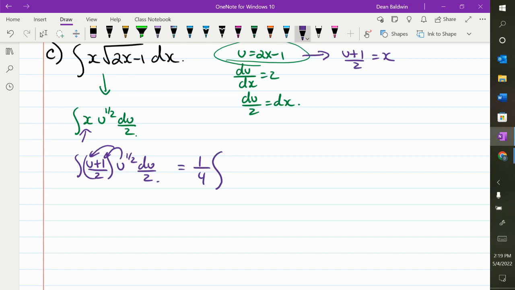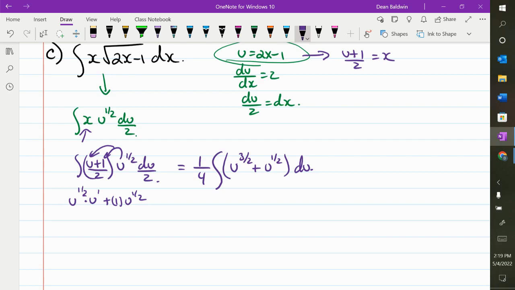U to the 3 halves, because you add the exponents, right? So you're doing u to the half times u, and then the u times the 1. Add these exponents, because that's the power of 1. So I get u to the 3 halves plus u to the 1 half.